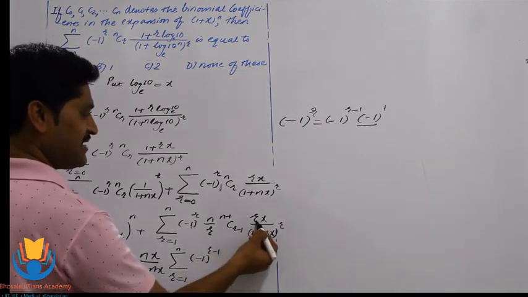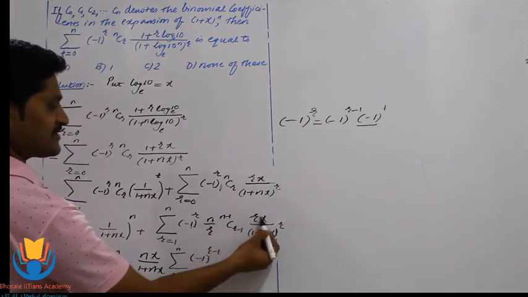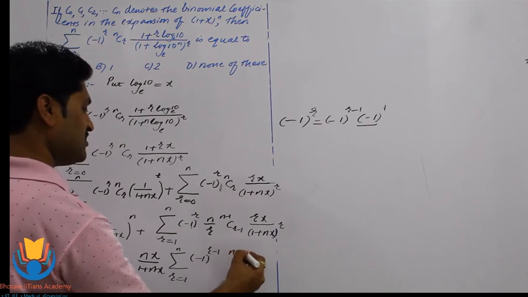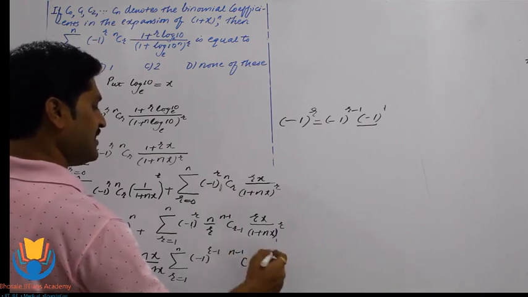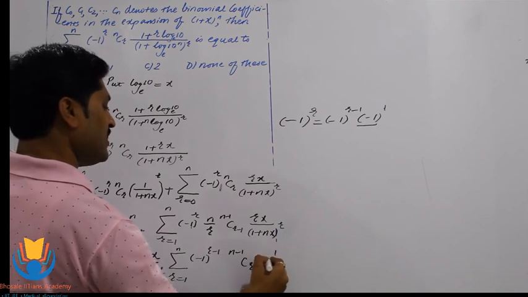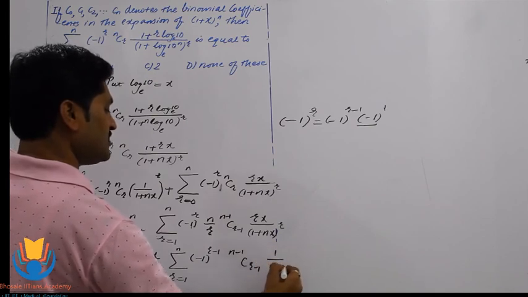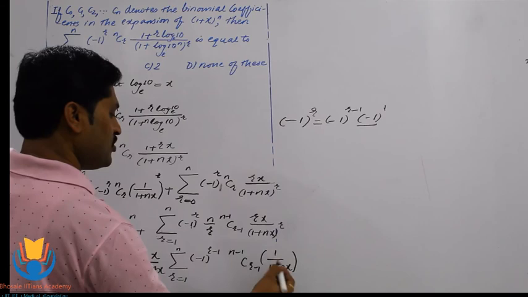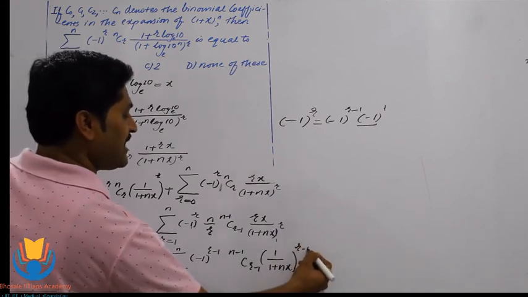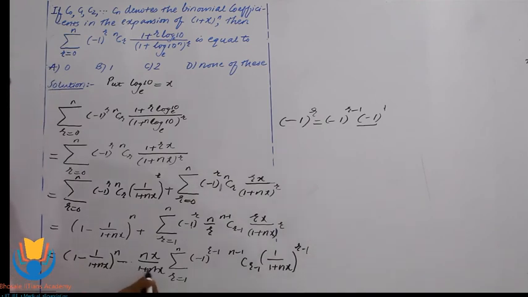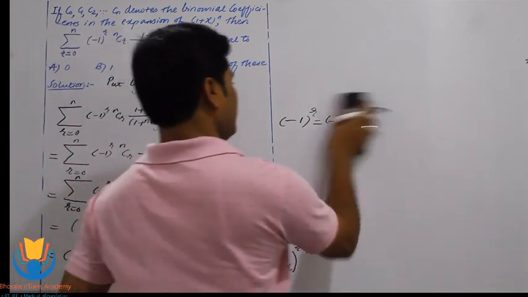So this r and this r have cancelled, this nx already I have taken outside. So this is minus nCr minus 1, and it is 1 upon 1 plus nx, or simply 1 upon nx whole raised to, it will now be r minus 1, because one of the 1 plus nx in the denominator I have taken outside this summation. So let's simplify the second term first here.